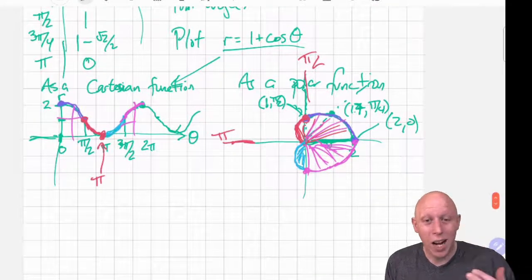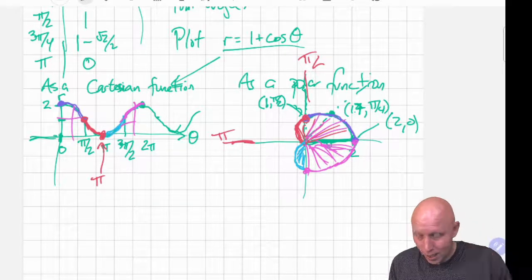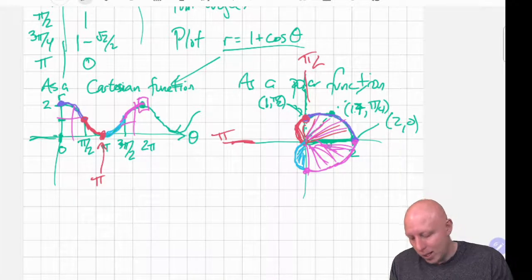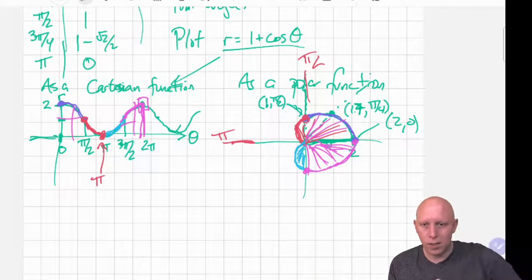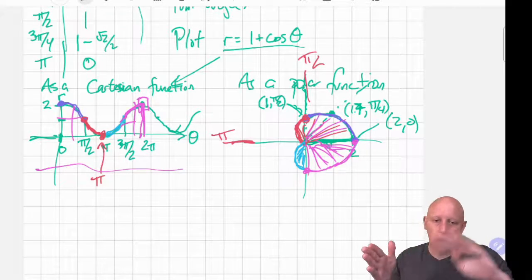All right, so how do we know when to stop drawing? In this case, we see that when we are at 2 pi along the Cartesian function, the function repeats.